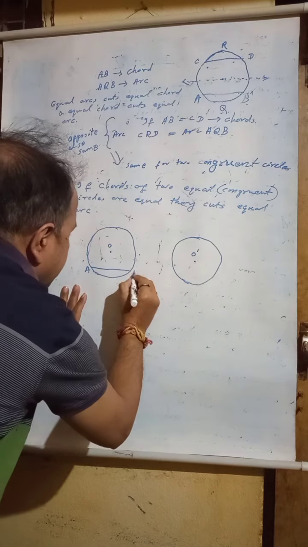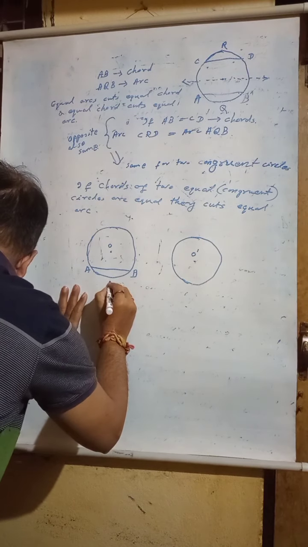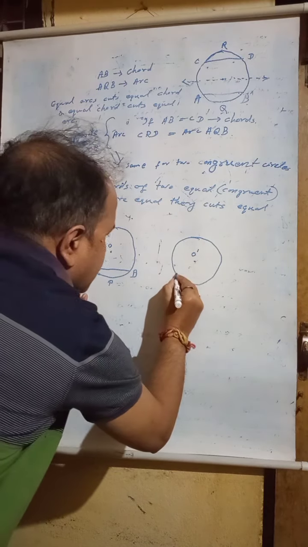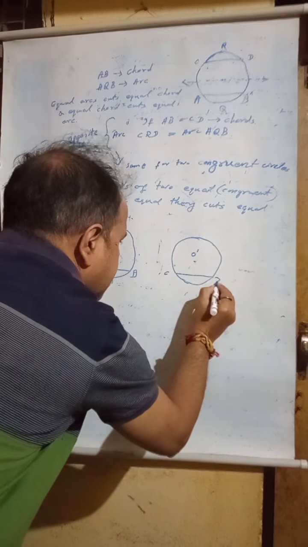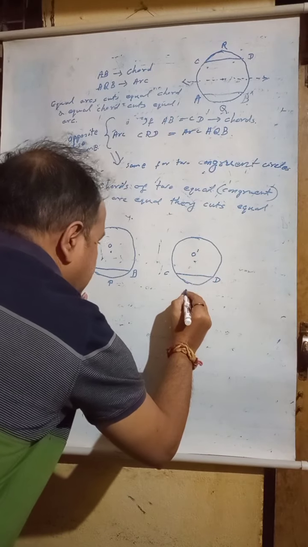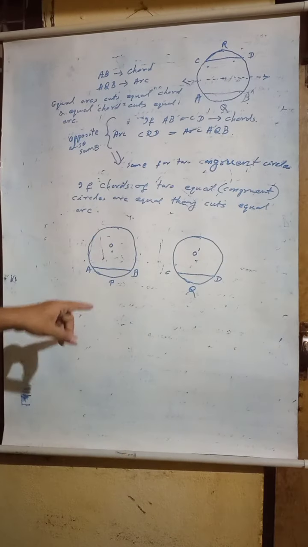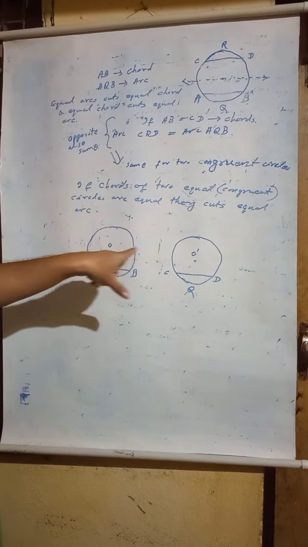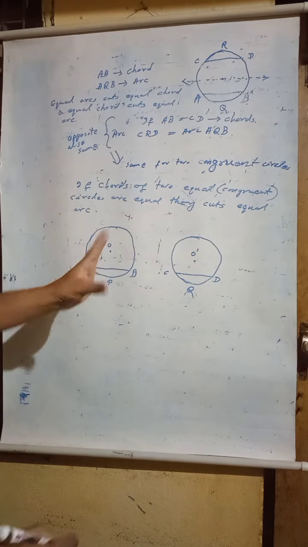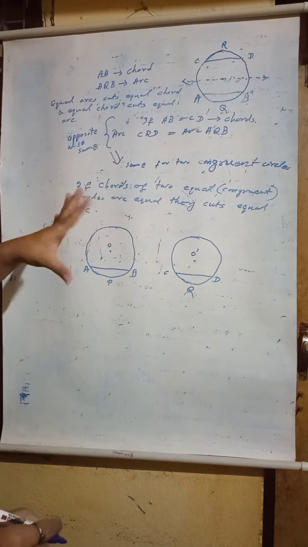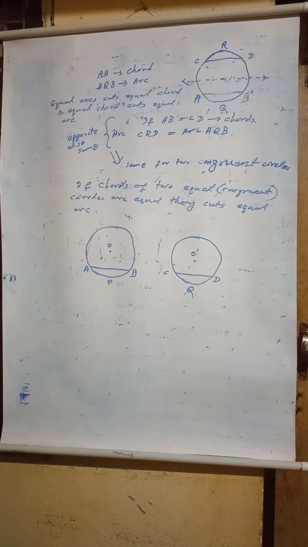Mark A, B, P and C, D, Q. Let these two circles be congruent. That means the radii are equal, so the circles will be congruent. Radius and diameter will be equal.